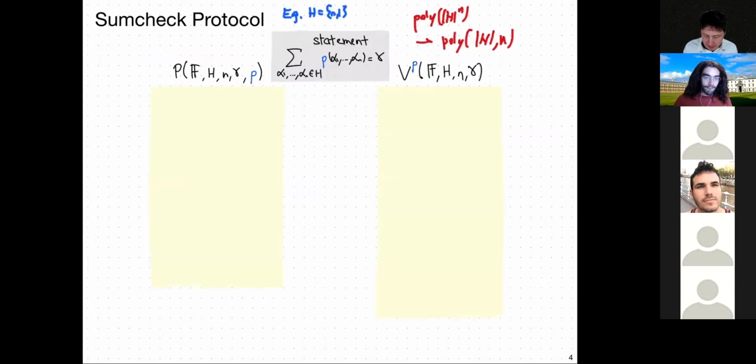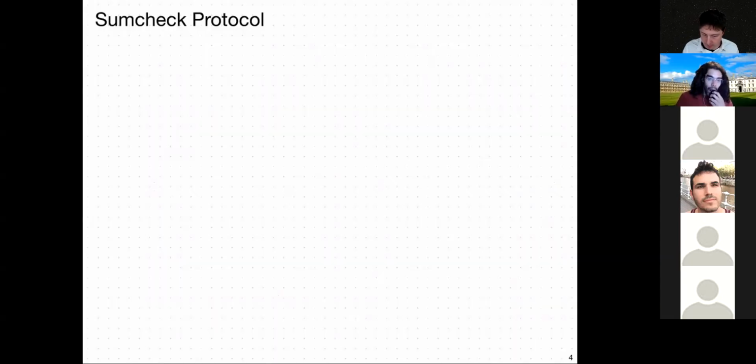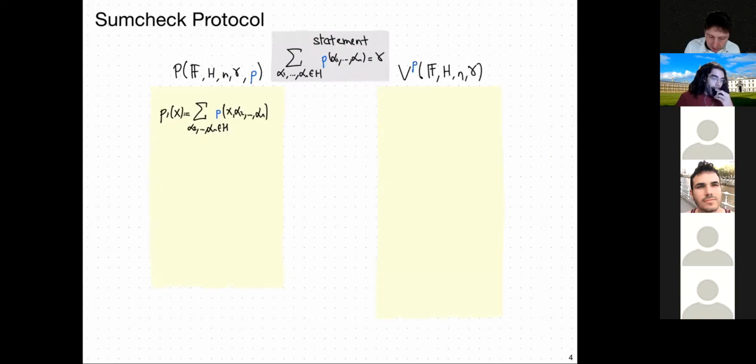There should be another explicit input, let's say D. I will add it to the slides. There should be another explicit input D that is a bound on the individual degree of P. And now the verifier does have it, and you just found a bug in my slides. Sorry about that. Good question. Let me just make a note.